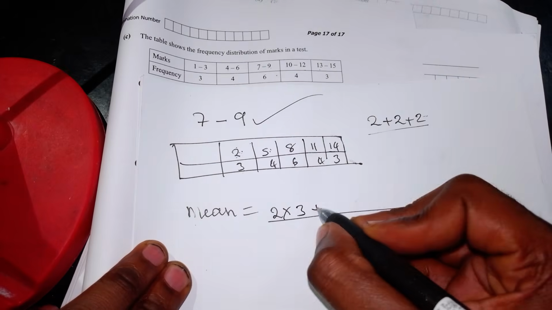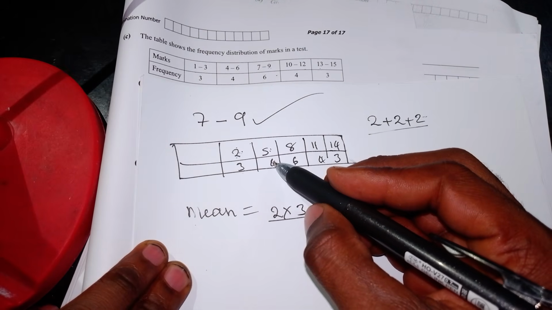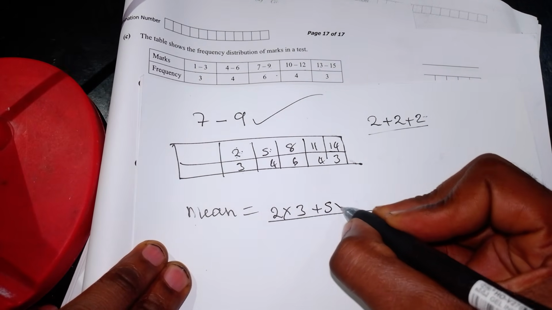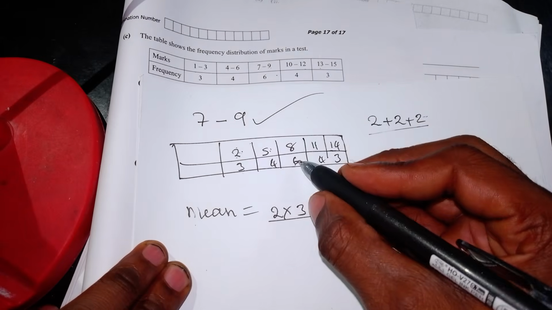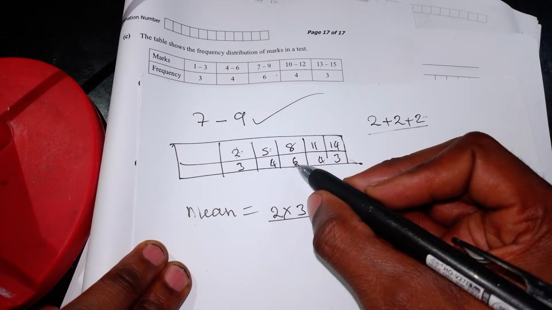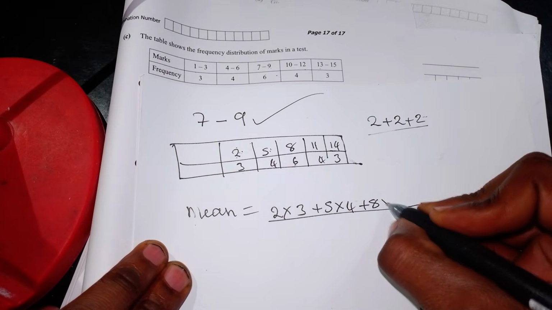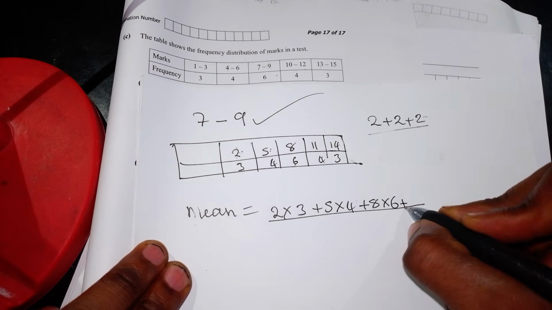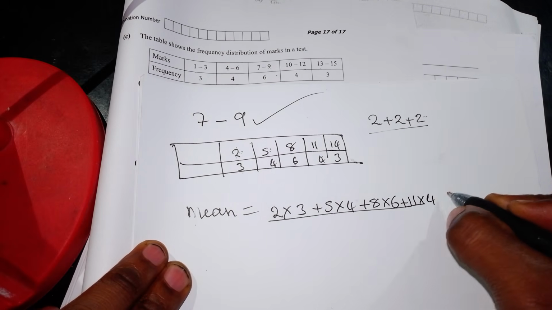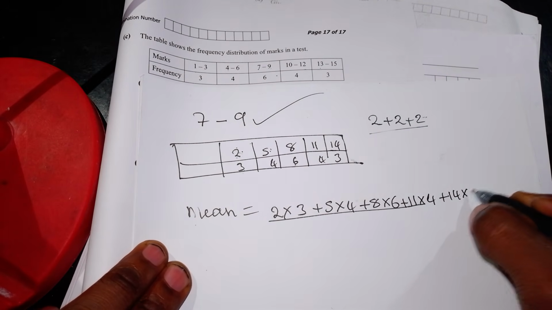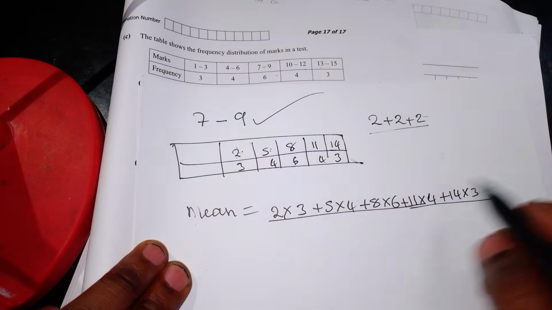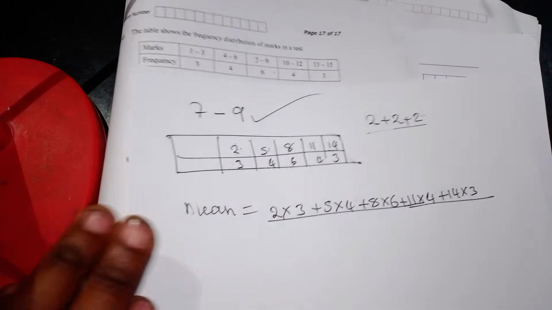And then instead of listing all my 5s, I can just say 5 by 4. Instead of listing all of my 8s, I can just say 8 by 6 plus 11 by 4 plus 14 by 3, and then everything divided by the total number of students.